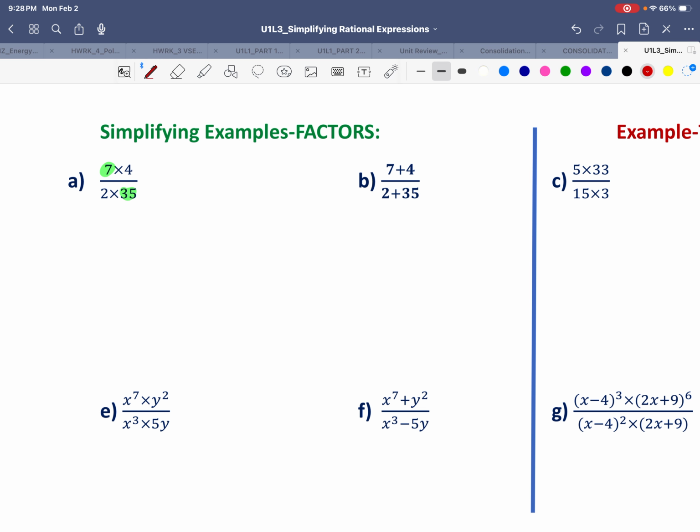So you can rewrite this as 7 over 35, and 4 over 2. I just rearranged the multiplication; the order doesn't really matter. And 7 will simplify 35, and it will give 1 over 5. And 4 can simplify 2.